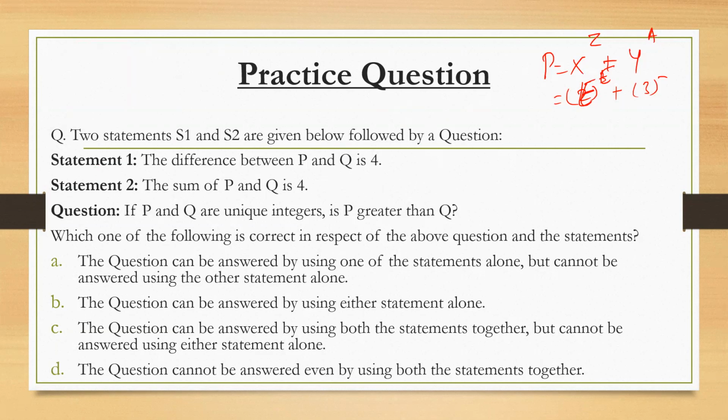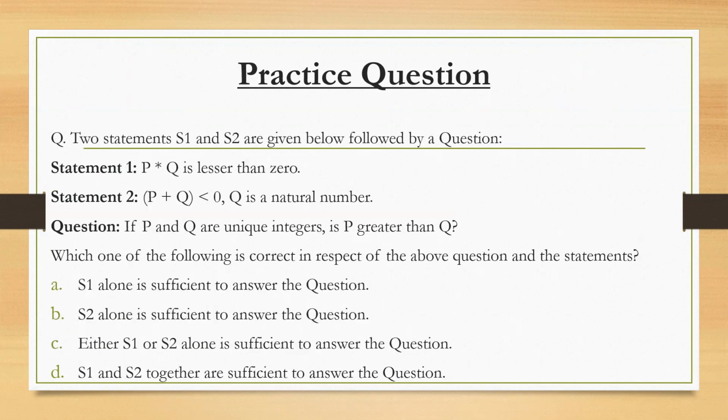All clear? Okay. So if this is clear, try another one. Another kind of question. So here again the question is P and Q are unique integers. Okay. And the question asked is P greater than Q?